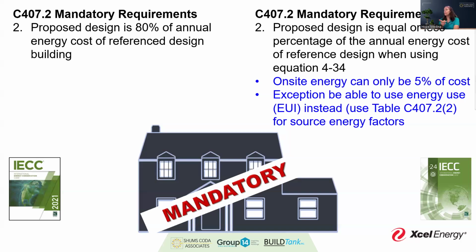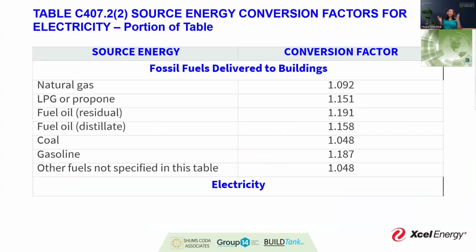I'm going to show you what that looks like. It's not the full table there, but it does give you somewhat of an idea of what you would do. So it's a conversion factor for when you're converting the numbers, your energy source, whatever it is, and you're trying to go with the annual energy cost, but converting it over into what your energy use intensity would be.